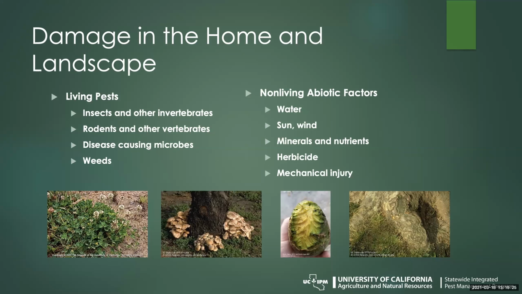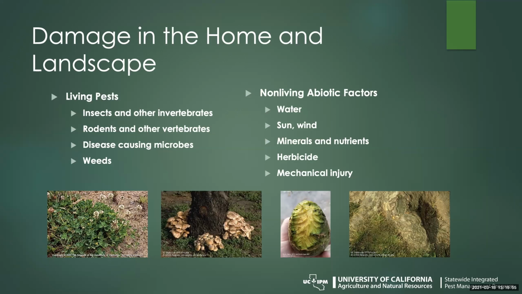Other things that can cause damage to our landscape and our gardens and our plants are things that are not actually pests, but are abiotic or environmental factors. And so when we are considering what is causing a problem or why is my plant unhealthy, not only could it be a pest, but we also have to consider these abiotic factors, such as water, too much water, not enough water.